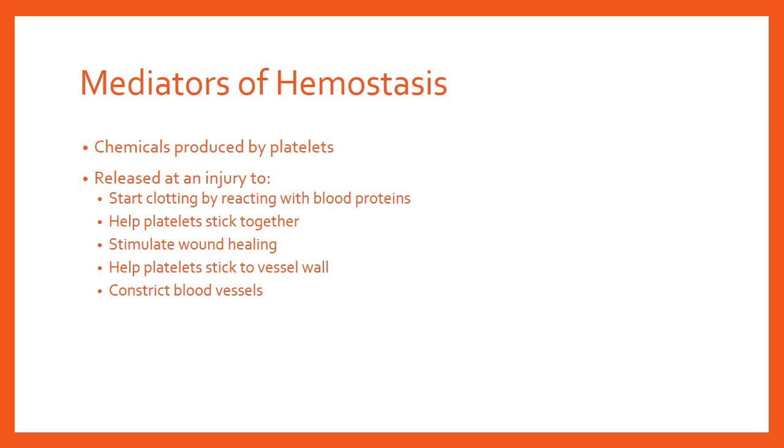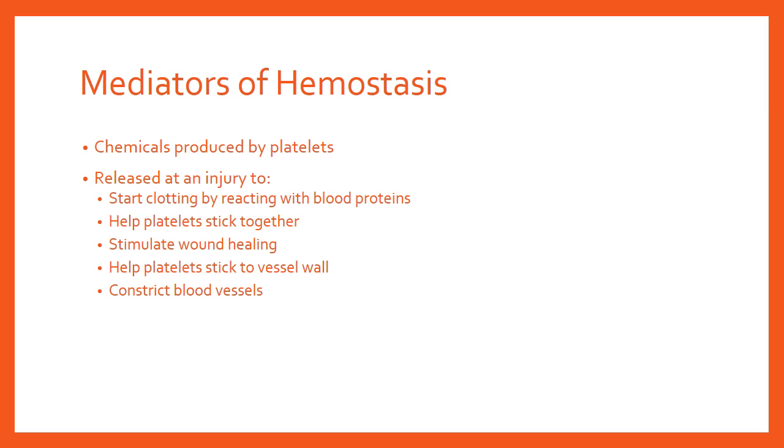Mediators of hemostasis are chemicals produced by platelets. What happens when injury occurs? They initiate clotting by reacting with proteins that float in the blood, and another important function is that they help platelets to clump or stick together. Clumping is usually a beneficial process, because it facilitates formation of the clot and hemostasis at the end.